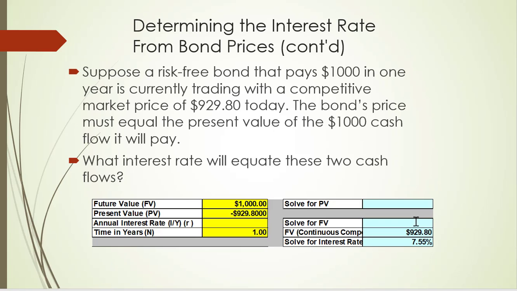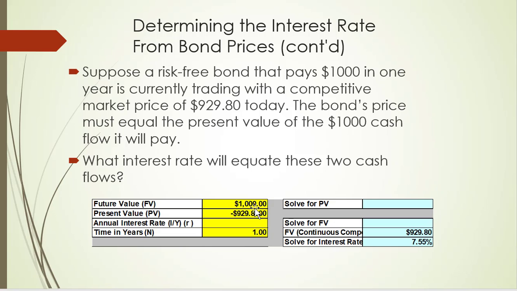So here's a risk-free bond that pays $1,000 in 1 year. It's trading at a competitive price of $929.80. So the bond's price has to equal the present value of the cash flow it will pay, or there would be an arbitrage opportunity.